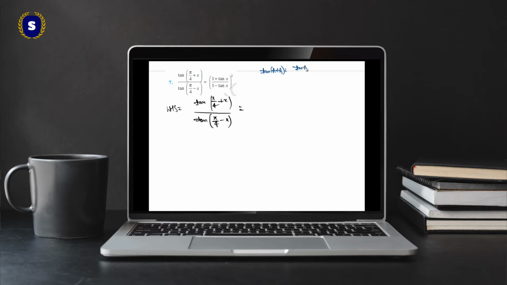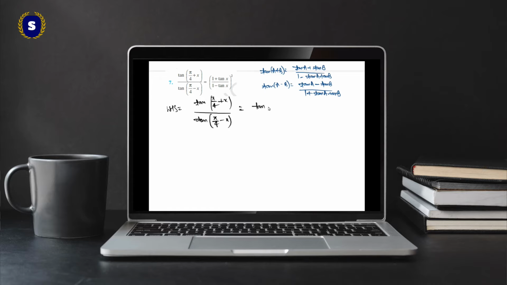tan A plus tan B upon 1 minus tan A tan B, right? And tan A minus B is equal to tan A minus tan B upon 1 plus tan A tan B. Okay, let's use these identities to get our answer.